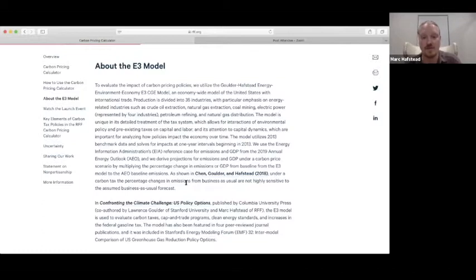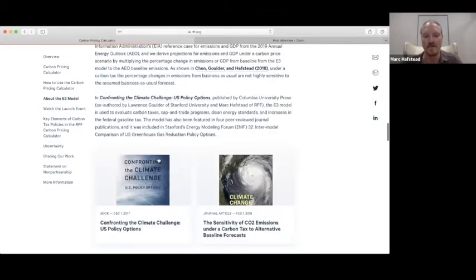I've personally been working on the model for 11 years. And we like to think it's a pretty good model, but we fully admit that all models have strengths and weaknesses, and that there's no such thing as one model to rule them all. If you really want to learn more about the model, we have our book Confronting the Climate Challenge, as Jerry mentioned, and we have a link here on our carbon pricing calculator.